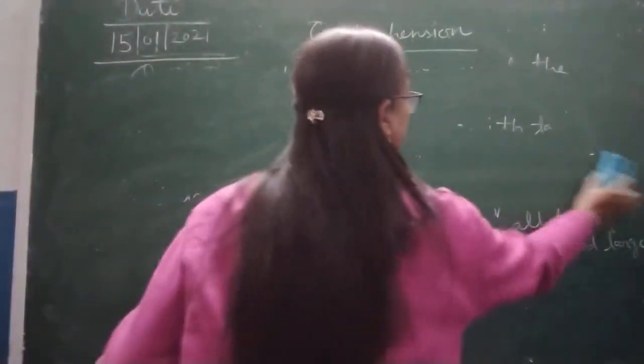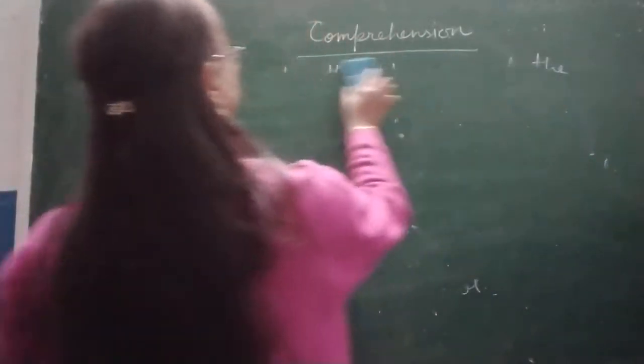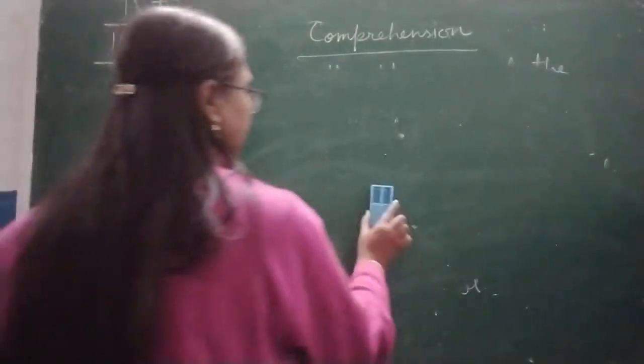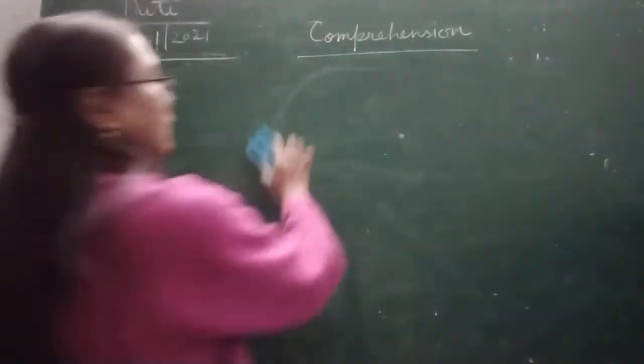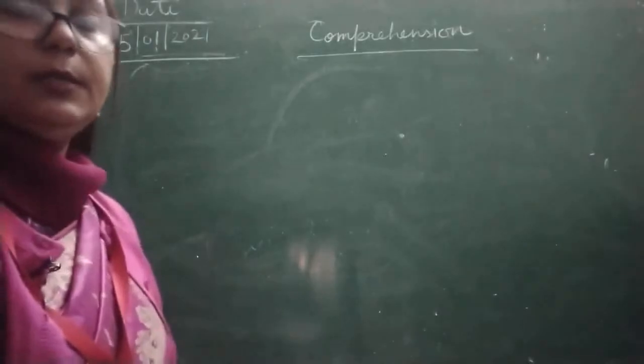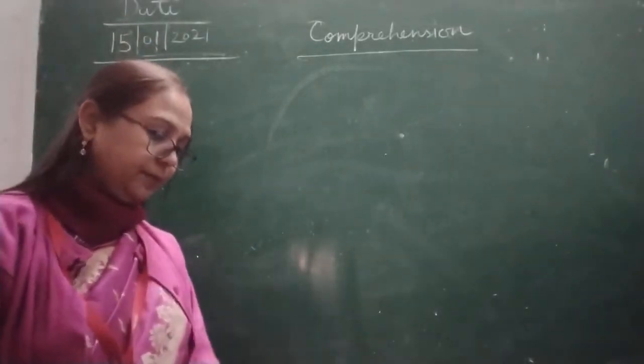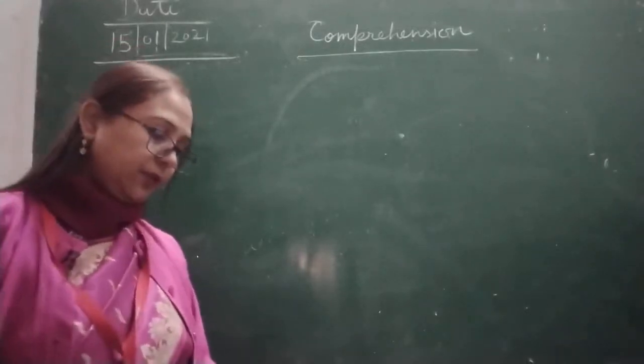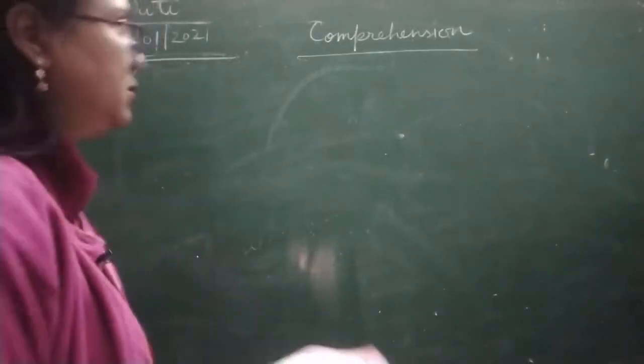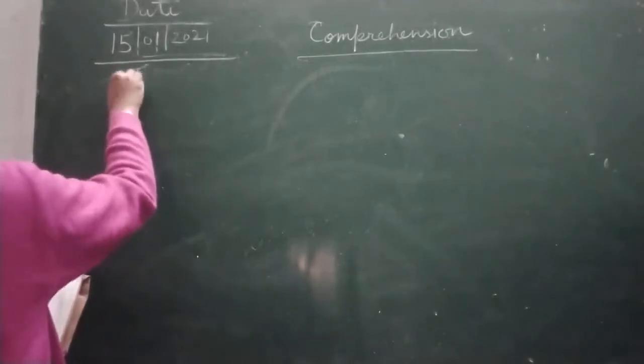We have to match the answers accordingly. So children, let's start writing. The question is given here in your book: match the following groups of words. This is the third question.